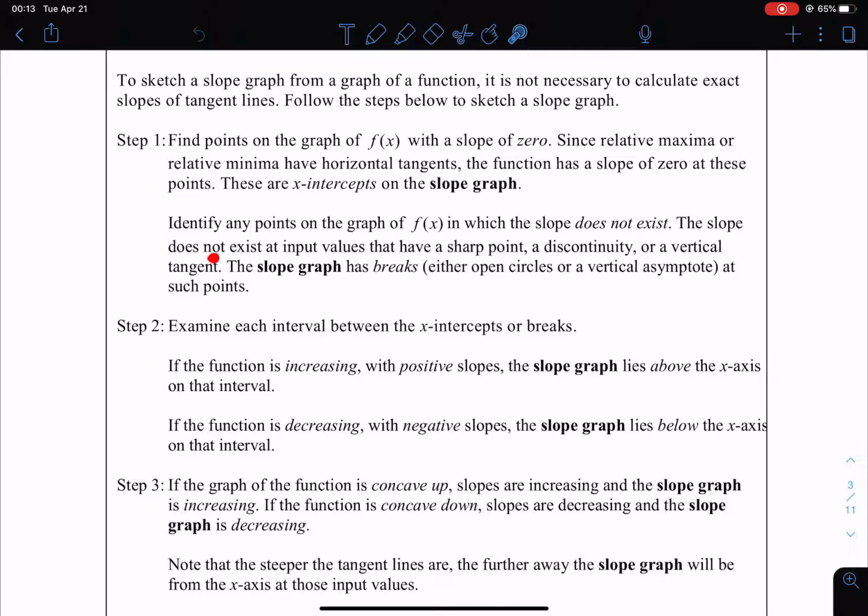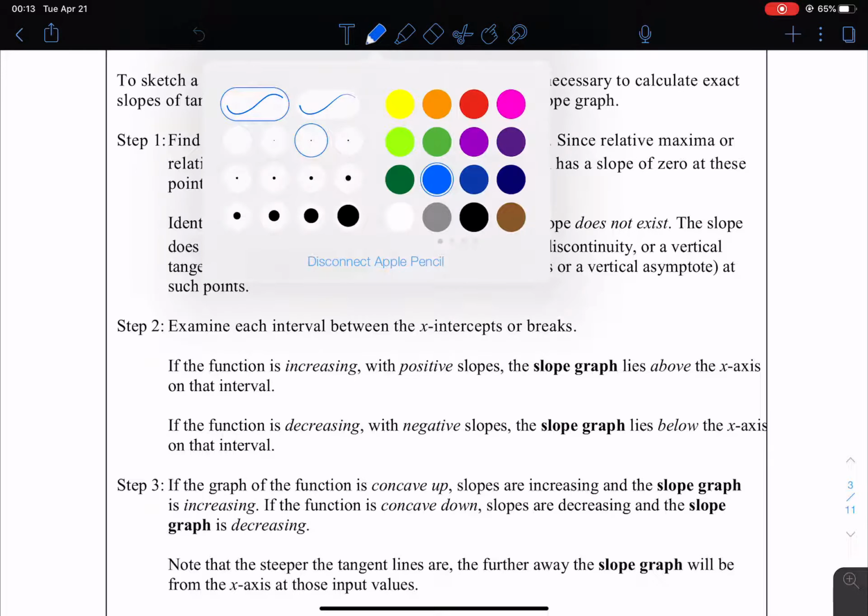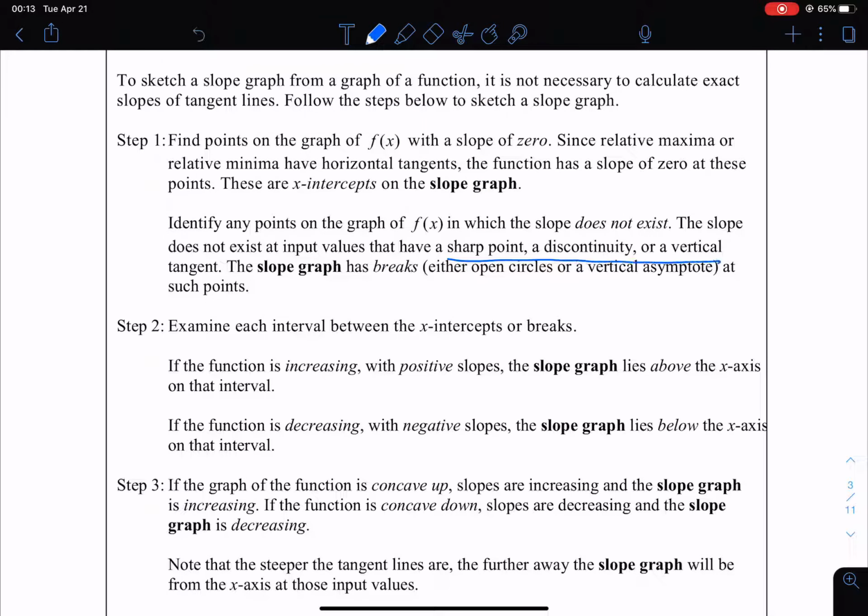The slope does not exist at input values that have a sharp corner, discontinuity, or vertical tangent line. So these are the 3 cases where the function is not differentiable. If you see the 3 cases in the function graph, then in the corresponding slope graph, it must have breaks.